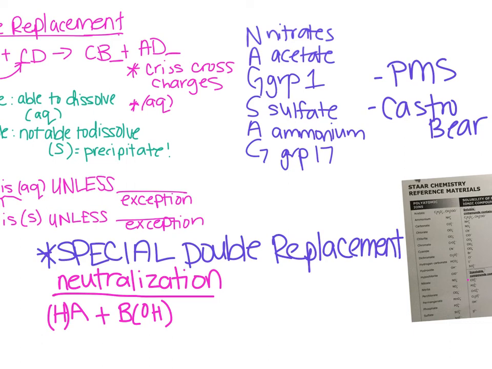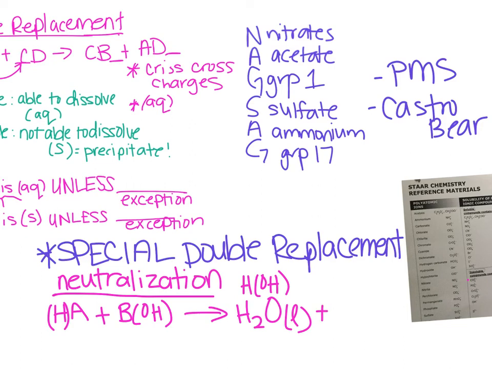So what you guys should really focus on is making that salt water part. So you are looking for water, which remember, how did I tell you guys to always write it? HOH. And that shows you that double replacement happening. The H and the OH come together to make water.